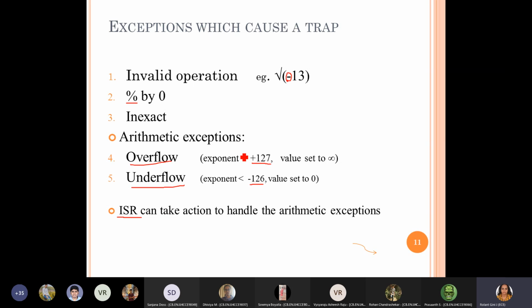Okay, that is where we say that the value is infinity, or the value is basically set to 0. So when we say infinity, the number is not exactly infinity. Okay, the thing is, we are not in a position to express more than that range, so we say it's infinity. That means in the systems we design, there is absolutely no possibility of arriving at an infinite result.